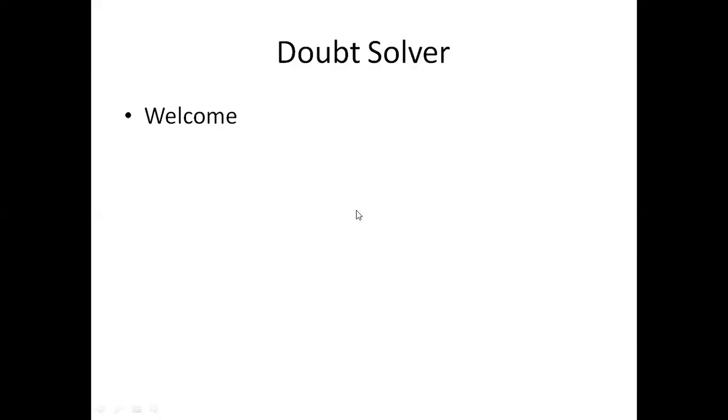So let's start with our very first thing, closure property. But before going through the property, I just wanted to tell you about the mathematical operations.